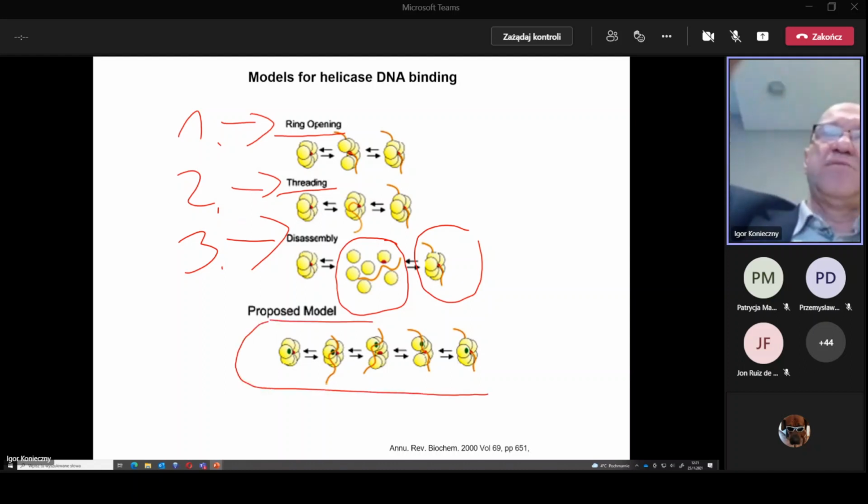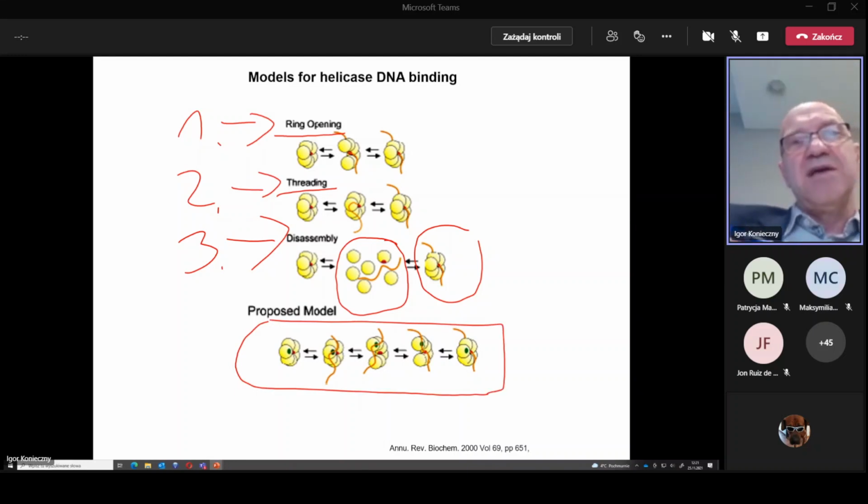And the first proposed model is that there are some subunits of a helicase which are involved in this opening of the ring, and the specific sites of the helicase, which are marked here in green and in red. And in red are going to be those sites which are inside the channel, and a site place for the interaction with DNA and placing the DNA inside the channel.